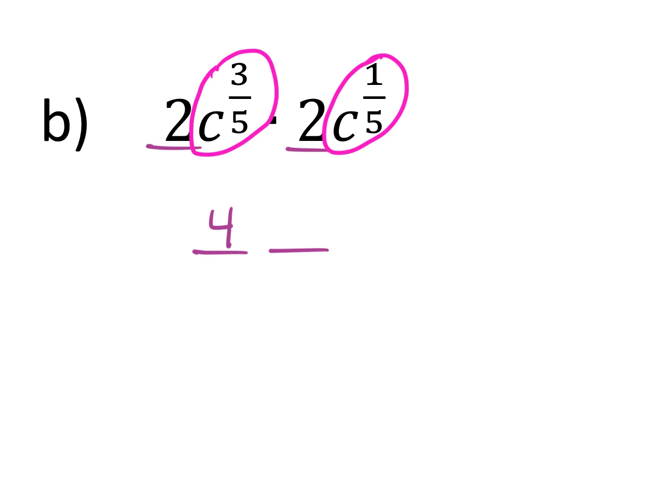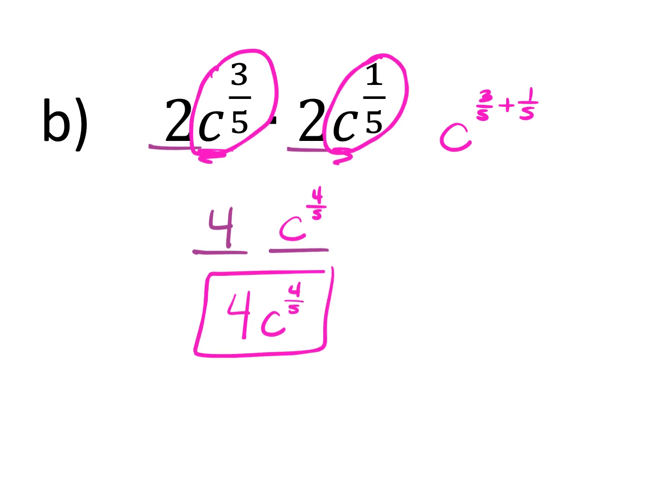You add the fractions. When they have the same base, c and c, you're adding those exponents together. So this is c to the 3/5 plus 1/5. What is 3/5 plus 1/5? 4/5. So c to the 4/5. So your answer is 4c to the 4/5 power.